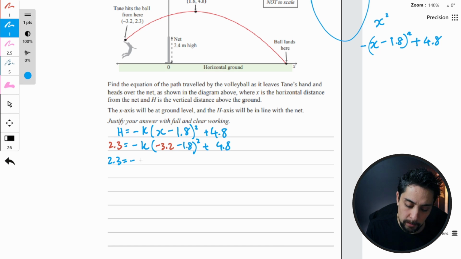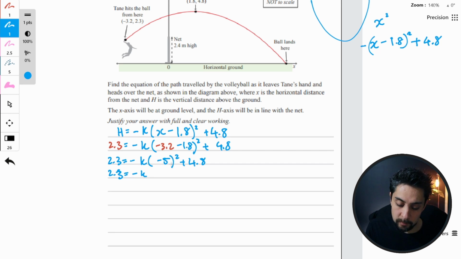2.3 equals negative k. Doing a whole bunch of math now. What's that? That's negative 5 squared plus 4.8. Let's work out what negative 5 squared is. Negative 5 squared is 25, so we now have positive 25.